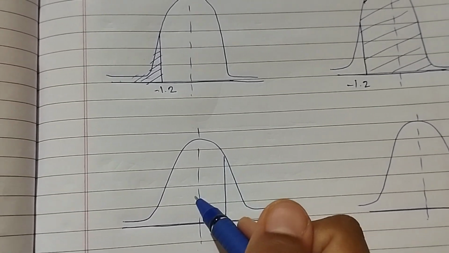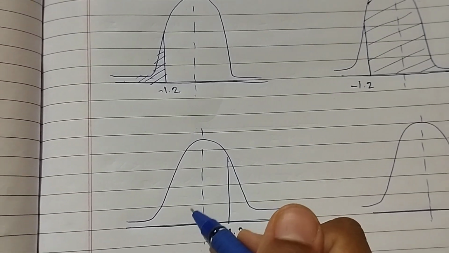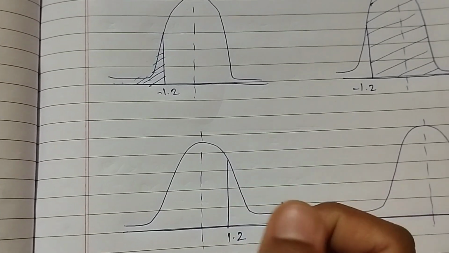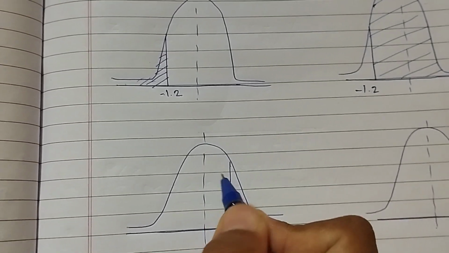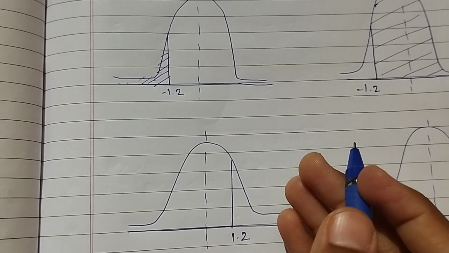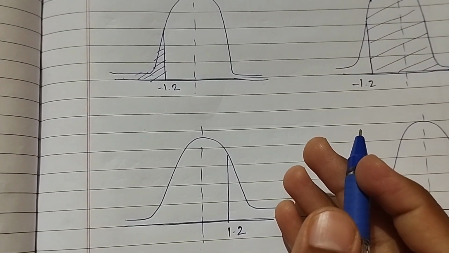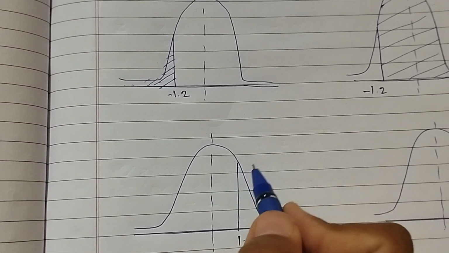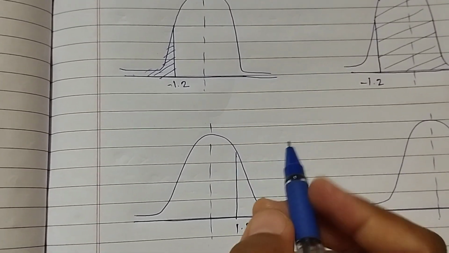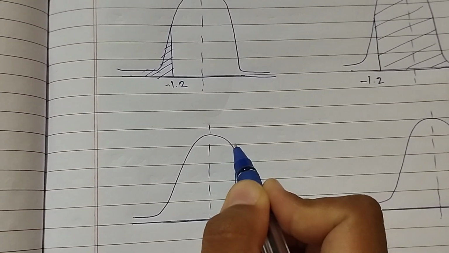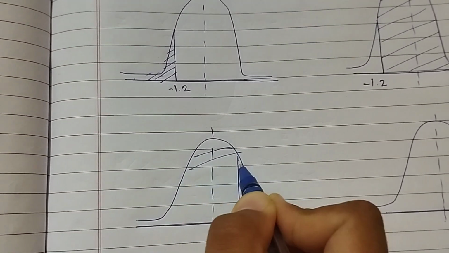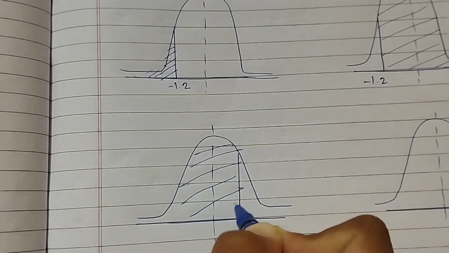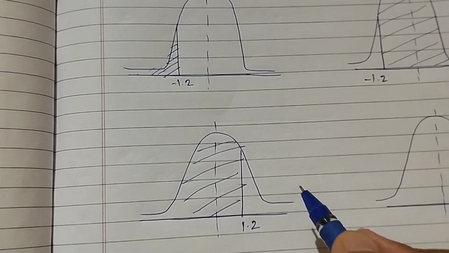If words like below, increment, or decrement are used, then that time we refer to all the values which are smaller than the value. So if we want to find out the values which are smaller than 1.2, that portion we have to find out. Again, how do we find it out?